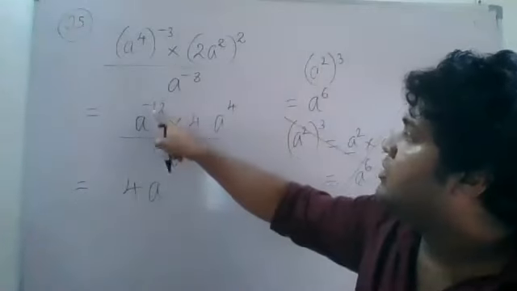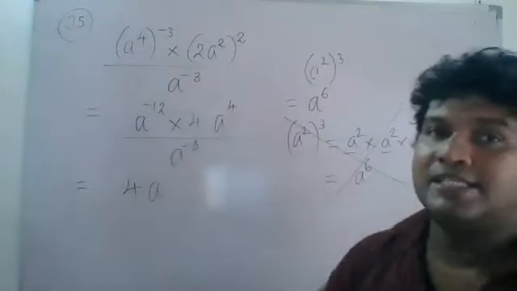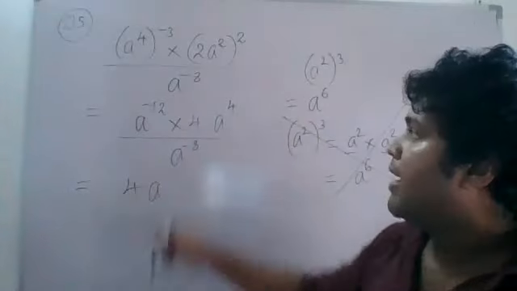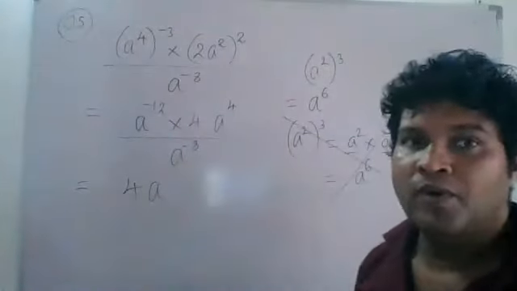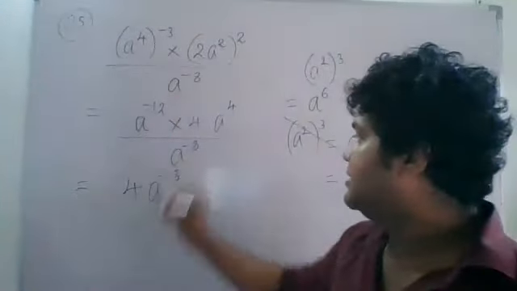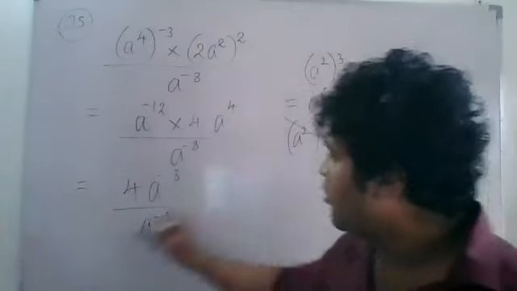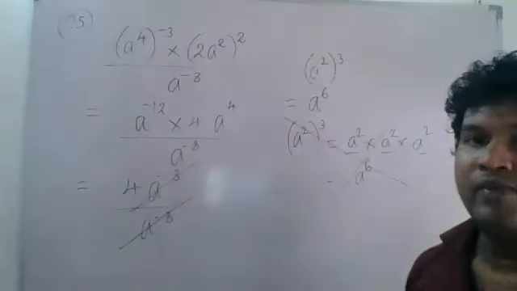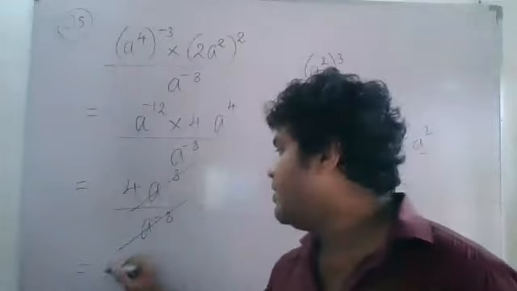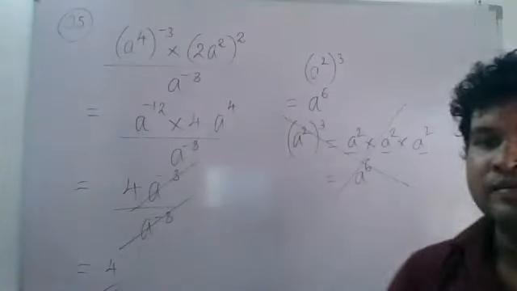Minus 12 with plus 4 is minus 8, over a to the power minus 8. Now, a to the power minus 8 and a to the power minus 8 will be cancelled and 4 will be your answer. Right?